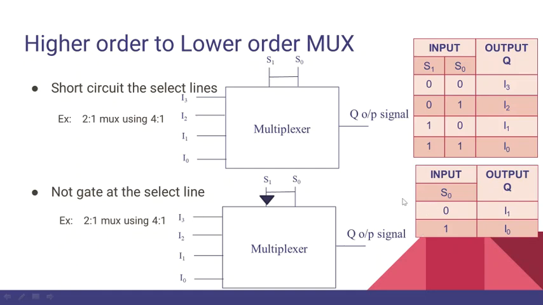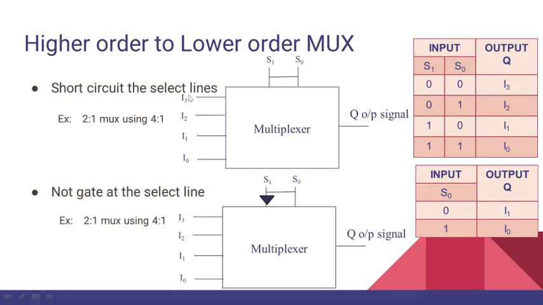So this circuit is supposed to work based on this truth table. We just have a single select line, and we have short circuited the select lines. When select is 0, both S1 and S0 are 0, and I3 is the output.